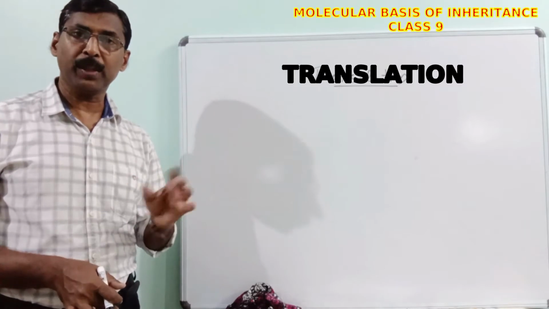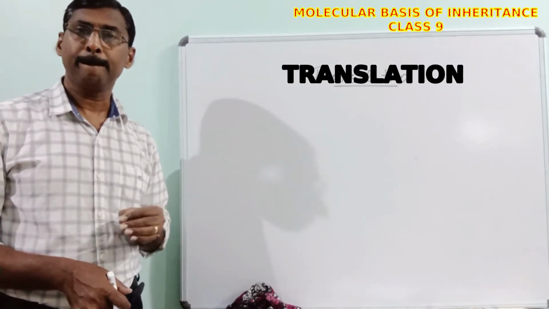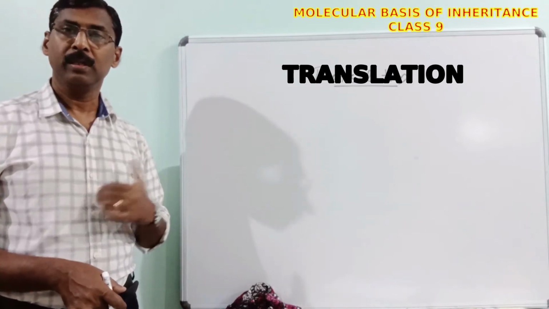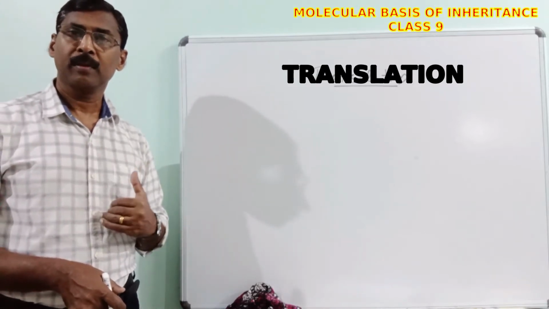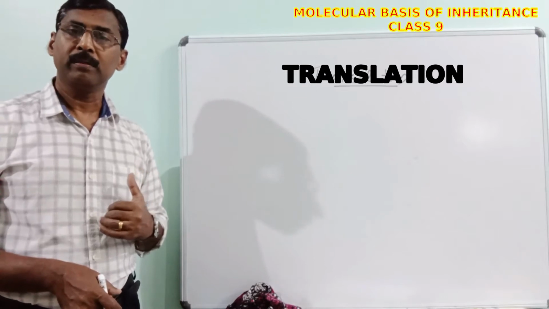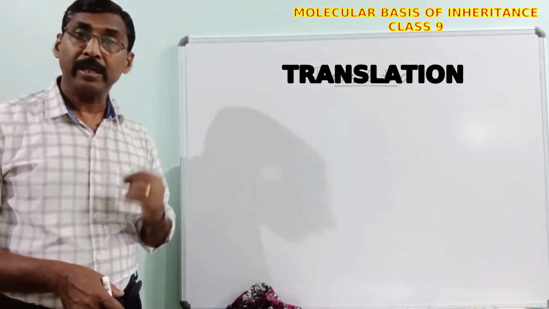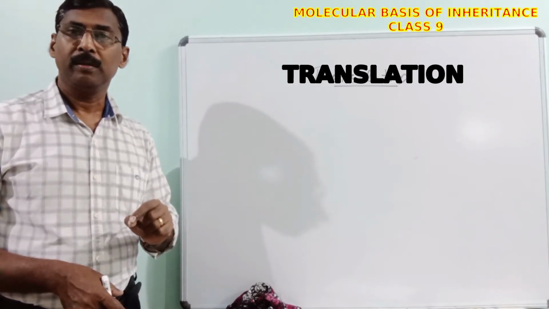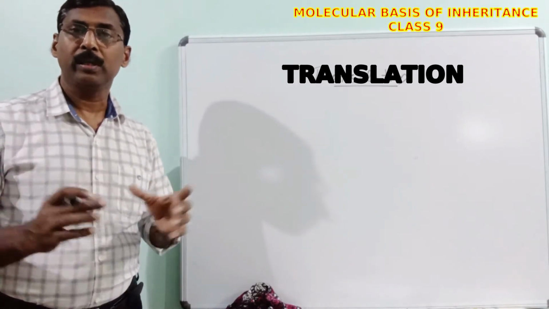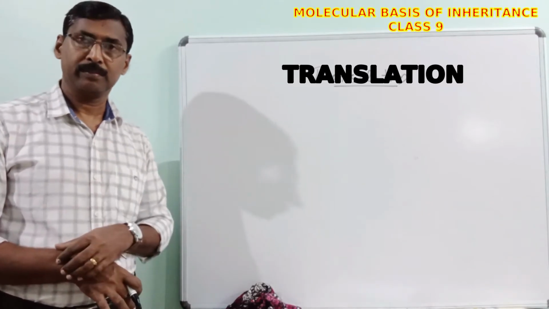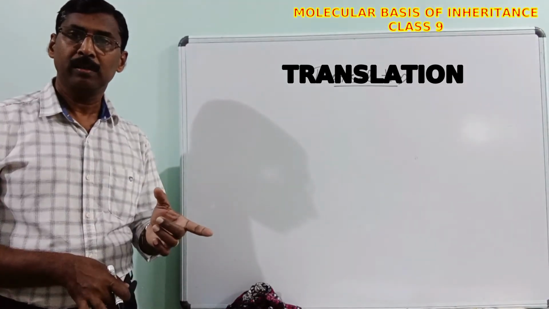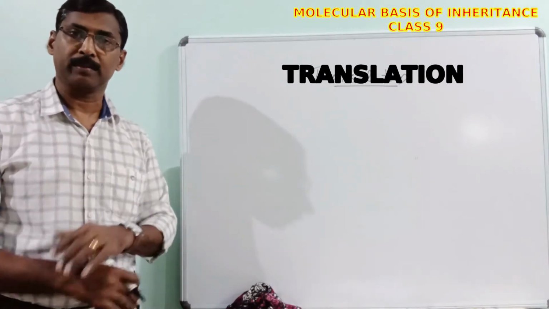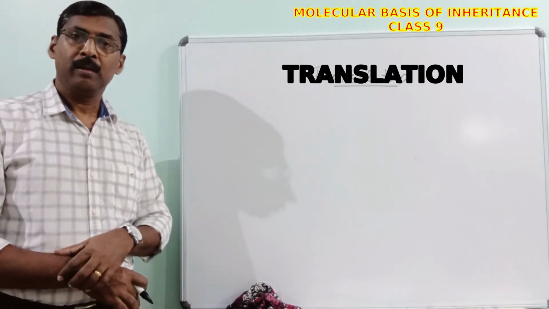So based on the triplet code on the messenger RNA, a protein is to be synthesized in the cytoplasm, and that protein would act as an enzyme to carry out a biochemical reaction which results in the expression of a phenotype, or phenotypic expression. Okay.